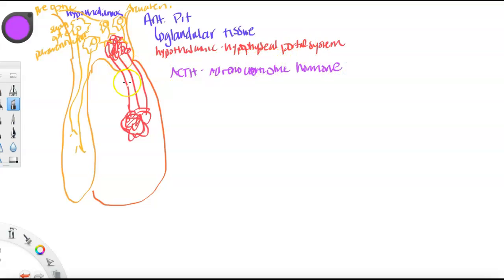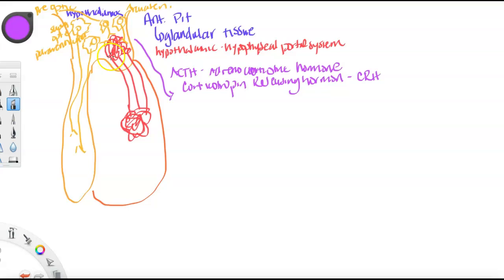And it is stimulated to be secreted from the releasing hormone called corticotropin releasing hormone, or CRH. Of course, it's coming from the hypothalamus.